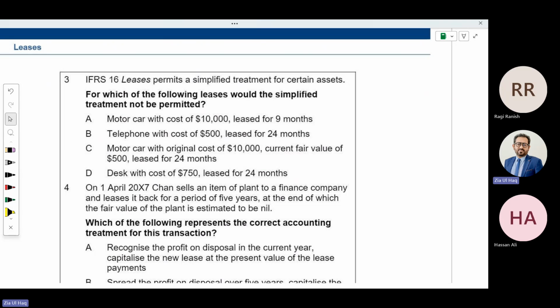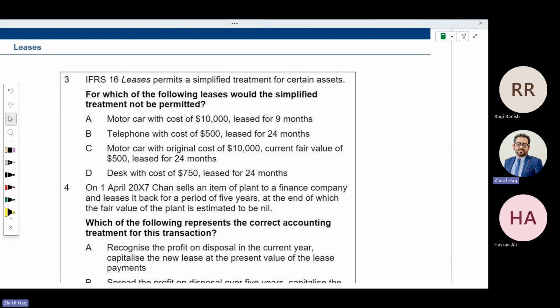Which company cannot move towards simplified accounting? Meaning they cannot choose between simplified and full accounting, they must perform full accounting. A motor car with a cost of 10,000 leased for 9 months: less than 12 months, they can move to simplified. Telephone, a small asset, they have a choice to move towards simplified.